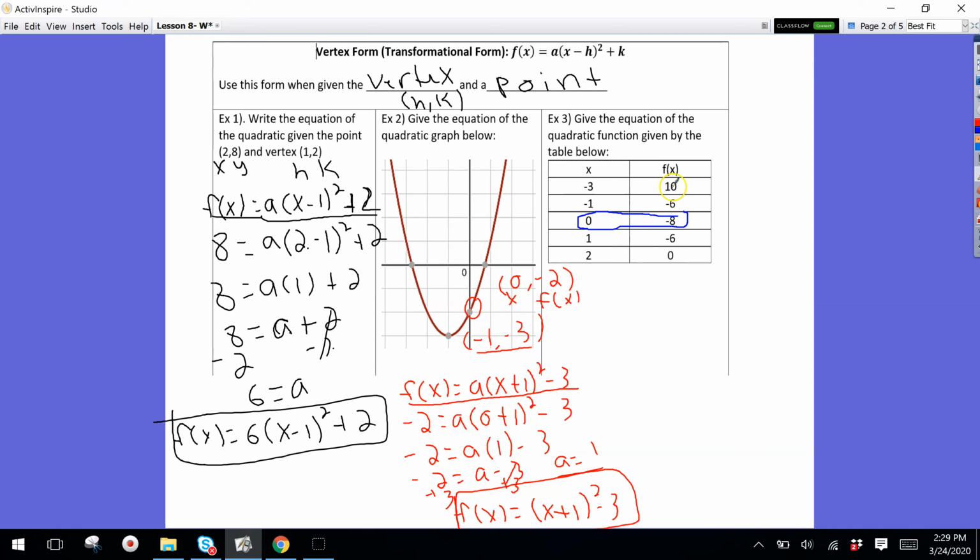So obviously, there would probably be a 0 somewhere here in the middle, since our quadratic is symmetrical. But anyways, this is our vertex, so this is our h, and this is our k, so I can write that f of x is equal to a parentheses x minus 0 squared plus minus 8.